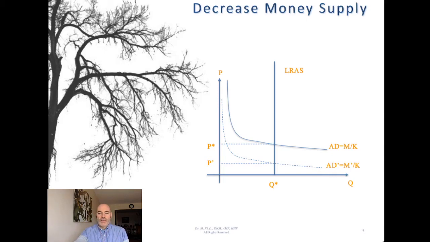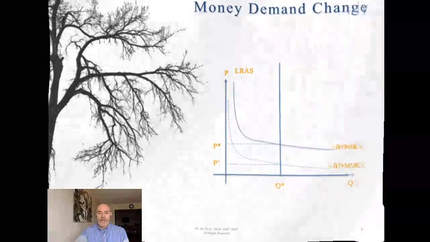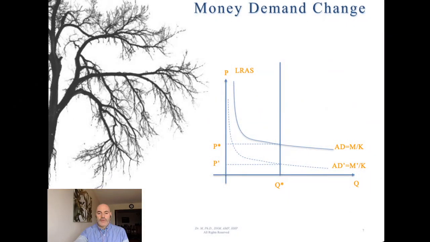Now, let me look into the cash balance ratio and how that's going to impact our decisions and behavioral choices. K is the cash balance ratio, and it's located in the denominator. So when K goes up, there is an increase in demand for money, which historically does not happen very much with K. In the long run, K is around the same.